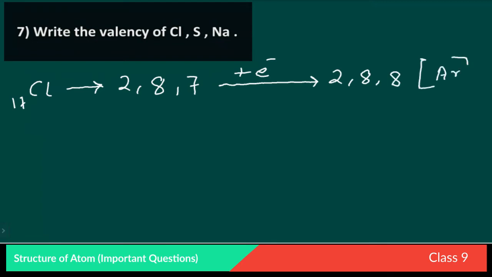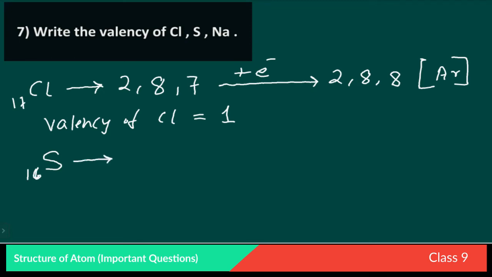We all know argon is an inert element and it is extremely stable. So from this we can say that the valency of chlorine will be equal to 1, as it will accept one electron to become stable. Similarly, for sulfur, the electronic configuration is 2, 8 and 6.